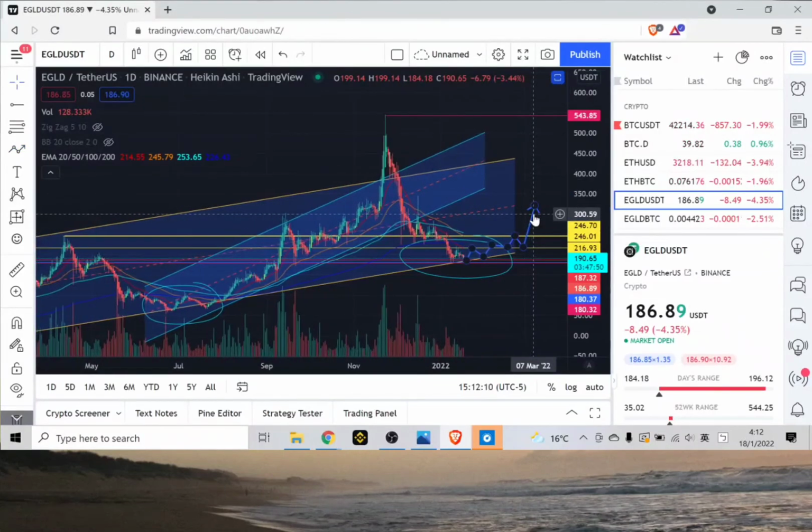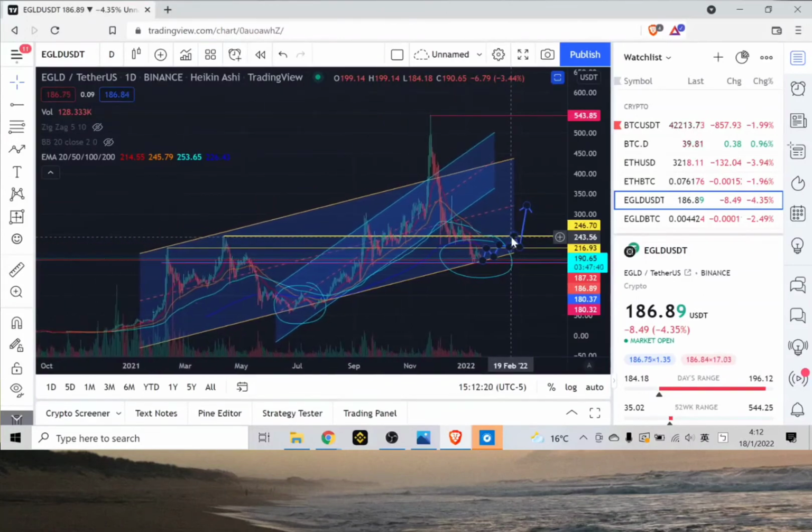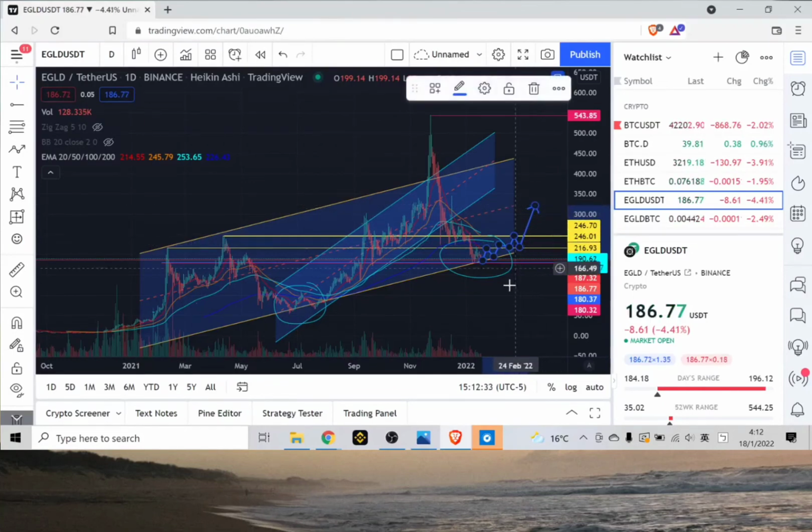So if you see I draw the path like this, maybe a little bit exaggerated, but it indeed has the likelihood to happen, but it's just maybe a little bit more accumulation along the way, or a sudden price shot up and then the price shot down again to back here. So I will be expecting around February and March we'll be back at the 300 level again, and then we can start retesting previous support or resistance, and then we can start working our way up there.